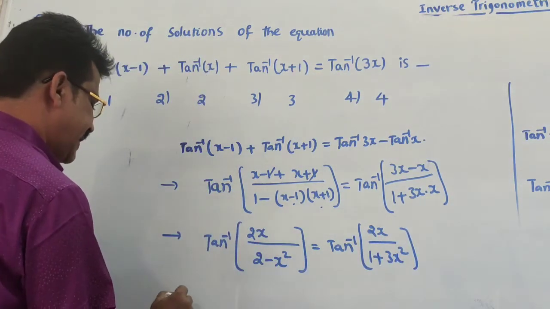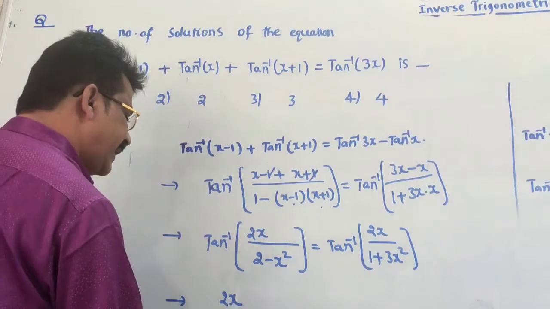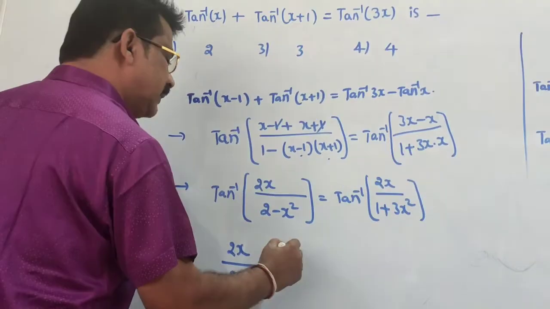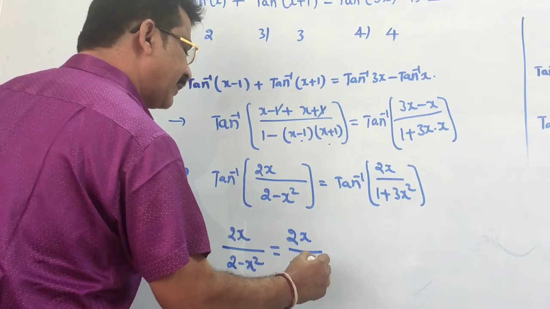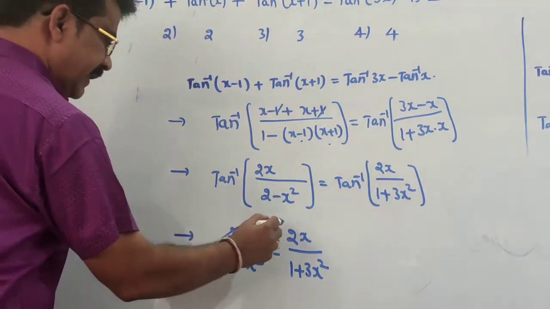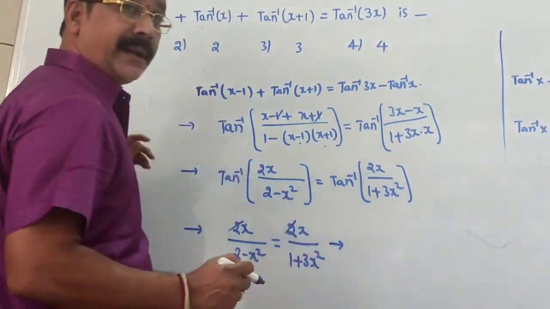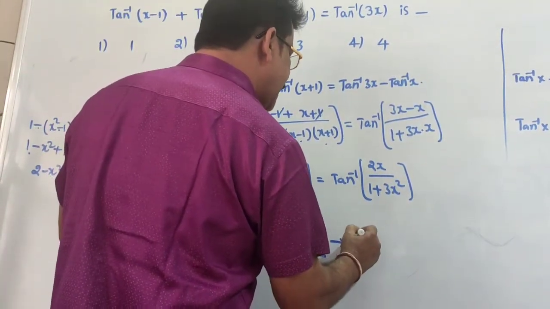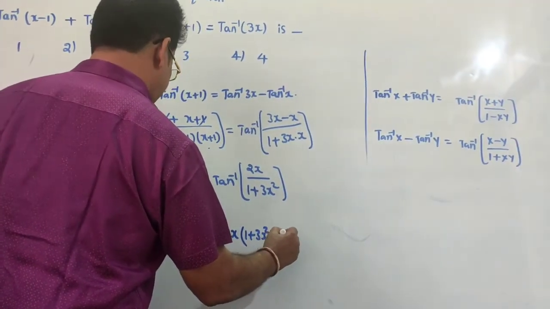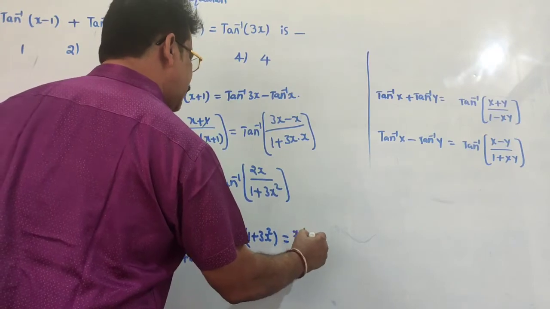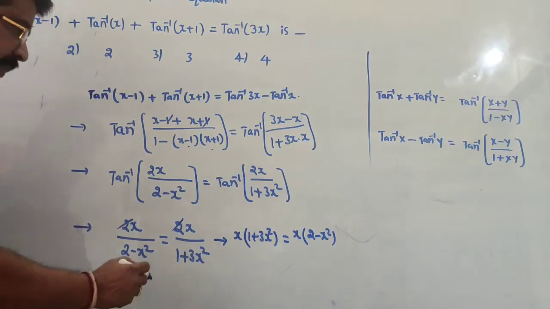So we can write 2x divided by 2 minus x square equal to 2x divided by 1 plus 3x square. So we can cancel the numerical values like that. After that, take the next step: x into 1 plus 3x square equal to x into 2 minus x square by cross multiplication.